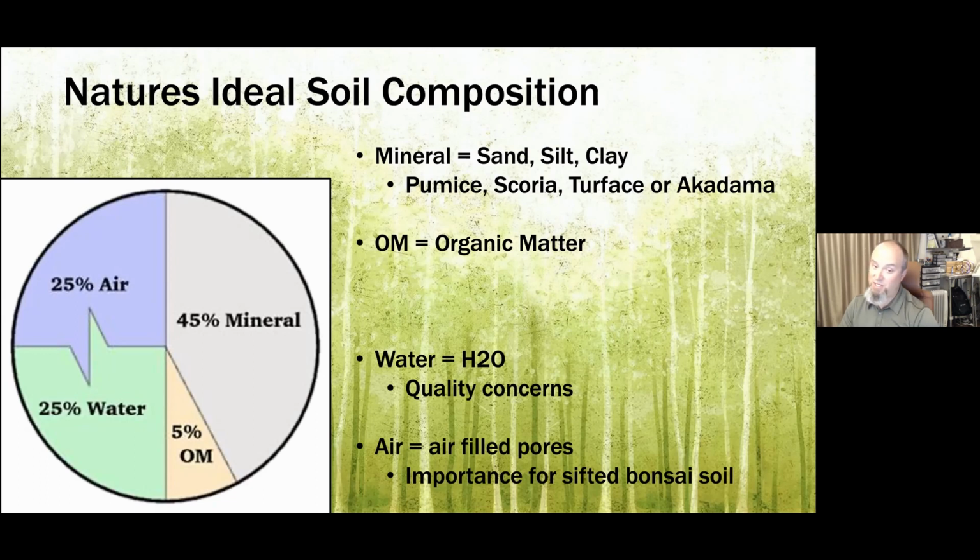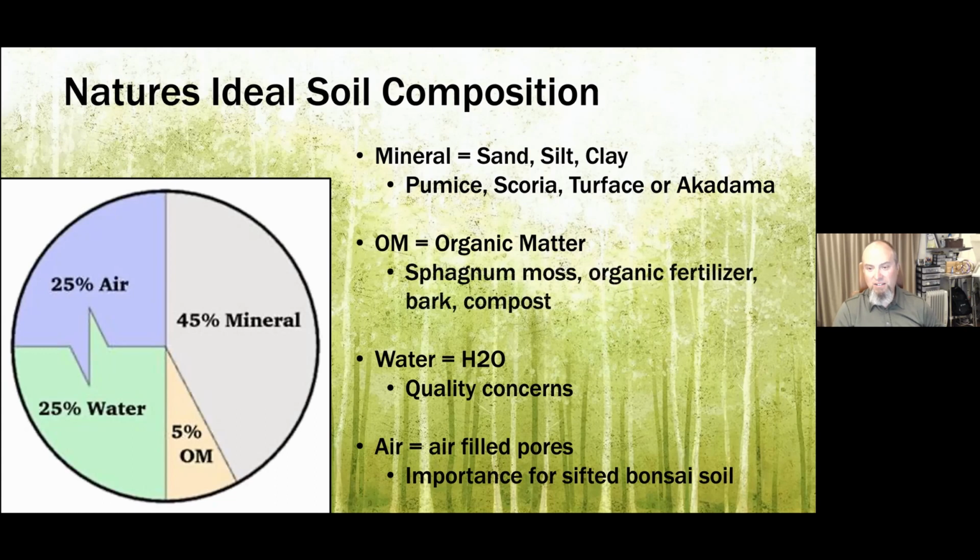Yep, that's perfect. So the oak leaf mold would be some compost basically, and then the sphagnum moss is typically a top dress to keep the top of your containers a little more saturated so they don't dry down as quickly. Those are great examples. See if it comes in there. Both of those are on there.